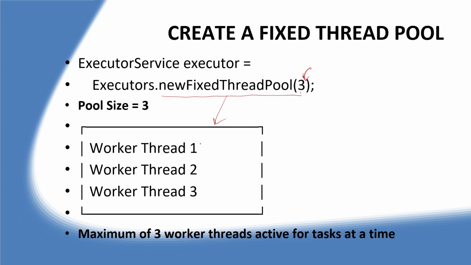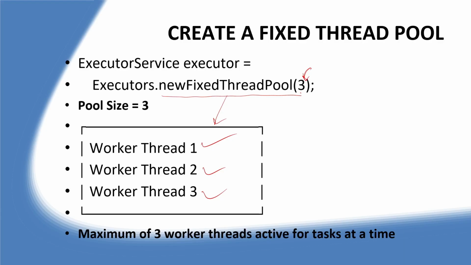We have provided 3, that's why we have 3 worker threads to work on the different tasks. So this creates an executor service backed by a fixed size pool of 3 worker threads. So the pool can execute up to 3 tasks concurrently. Why? Because we have 3 worker threads, assuming tasks are available and the system can schedule the workers.